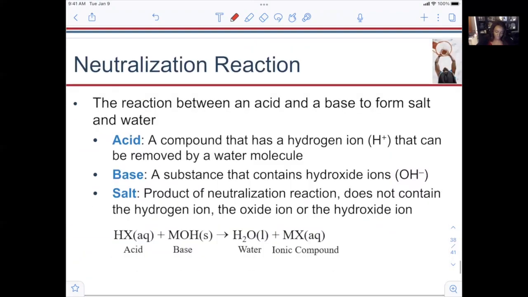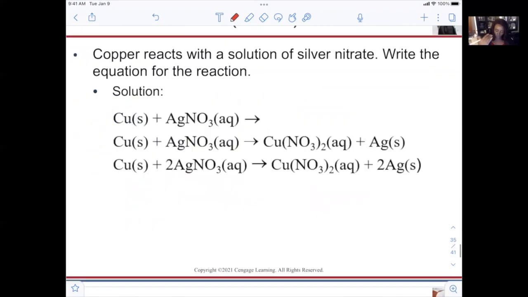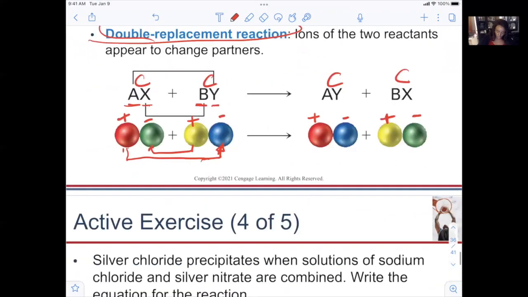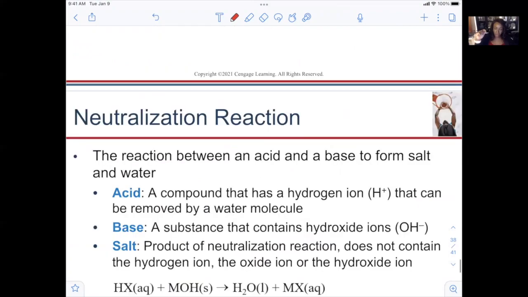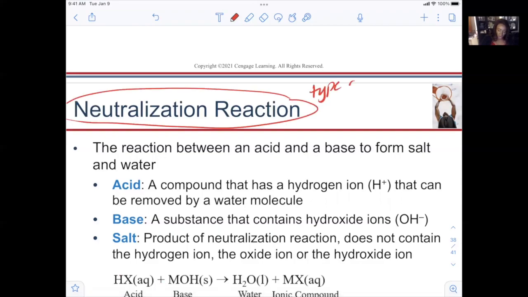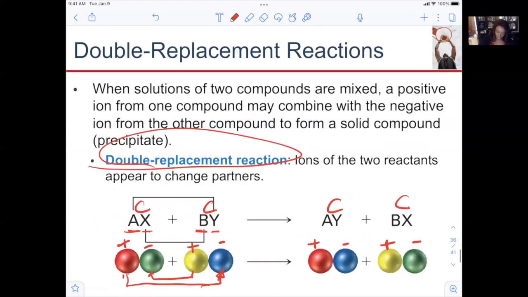Remember I mentioned that under the umbrella of double replacement reaction, you have neutralization reaction and precipitation reaction. Neutralization is just a type of double replacement.